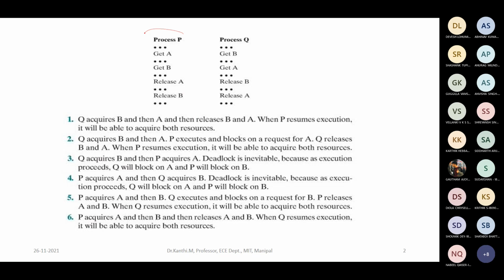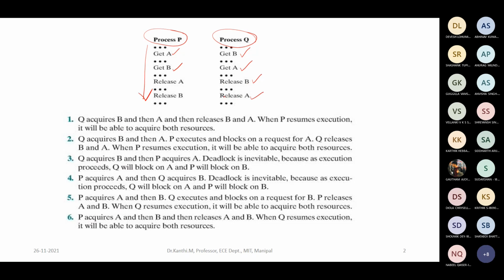Suppose I have two processes, P and Q. After executing some instructions, let us consider that there are two resources, A and B. For process P, you acquire A, then acquire B, then release A, then release B. Similarly for process Q, you acquire B, then try to acquire A, then release B, then release A.